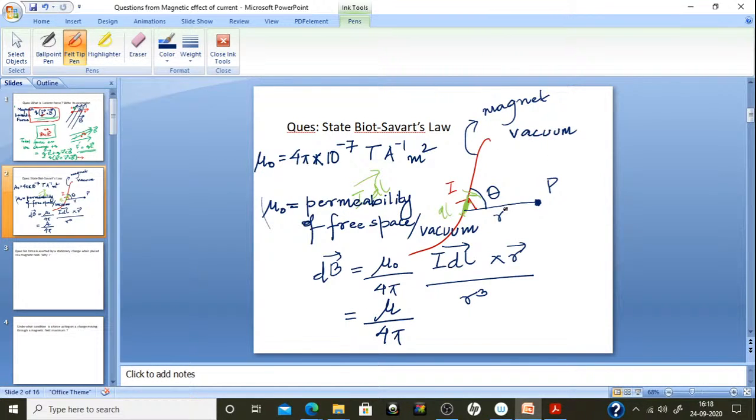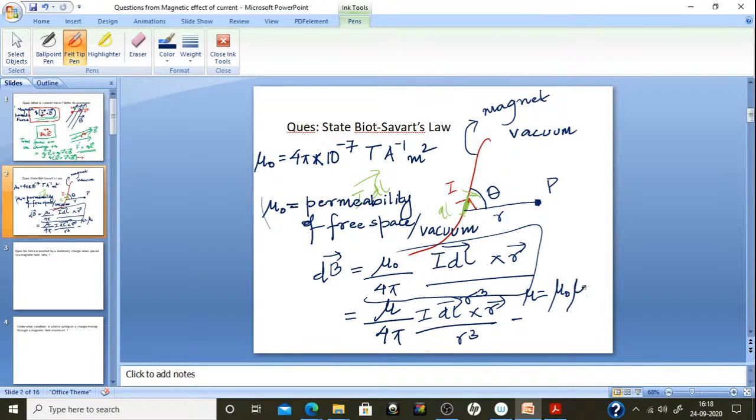You will use the formula mu by 4 pi I dl cross r divided by r cube. What is mu here? Mu here is mu naught into mu r.